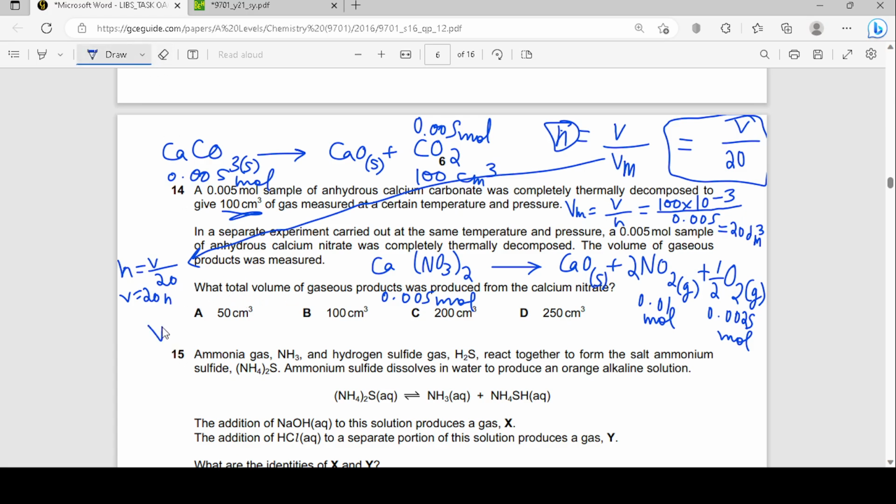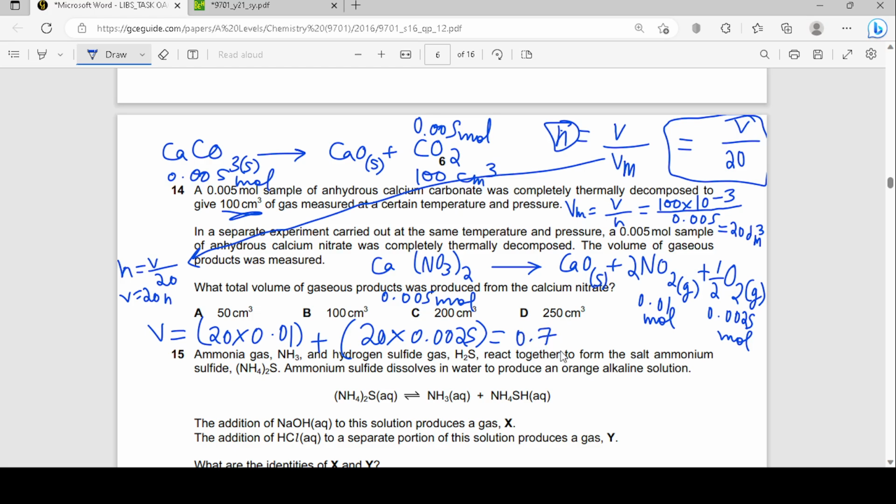But what I'm going to do is V equals 20n, right? So for nitrogen, sorry, not nitrogen, nitrogen dioxide, NO2, it's going to be 20 times 0.01, and then for oxygen it's going to be 20 times 0.0025. I'm just using this formula, and this is going to give me my answer in cubic decimeters. 20 into 0.01, plus 20 into 0.025, so that is going to give me 0.7.